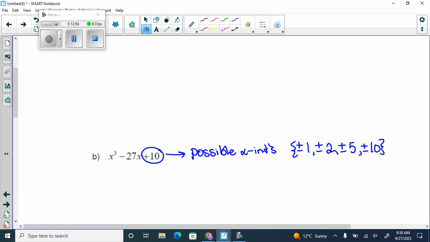So if I didn't have my calculator, I would put in 1, -1, 2, -2, 3, -3, and see when I get a remainder of 0 on my synthetic division. But I do have a calculator, so I want you to type this into your calculator.